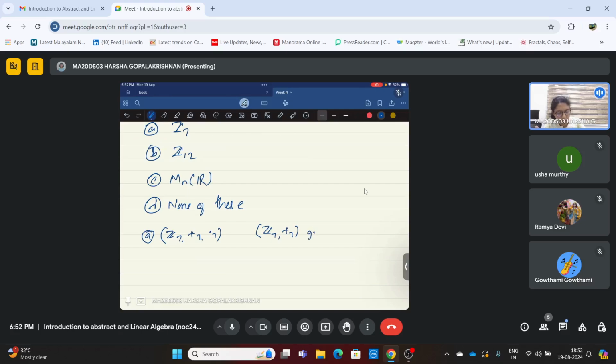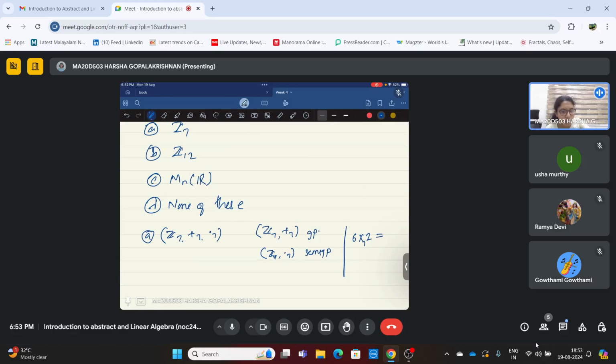Also, Z7 under multiplication modulo 7 is a semigroup. That is just the closure property. It will hold because we are using multiplication modulo 7. For example, I am taking 6 into 2 under multiplication modulo 7. What is this? 6 and 2 are coming from Z7.